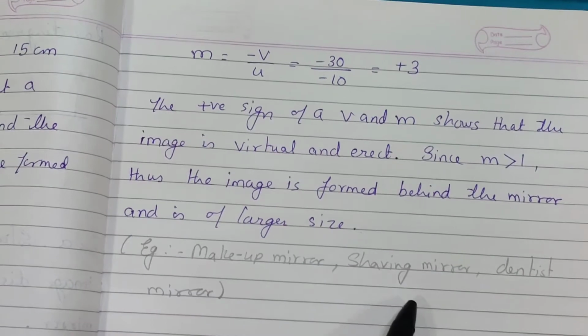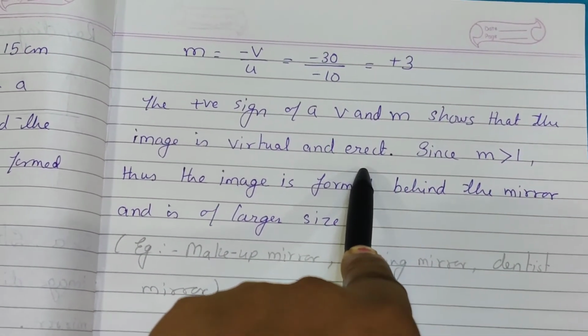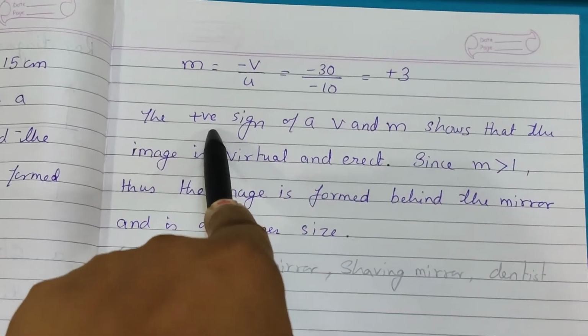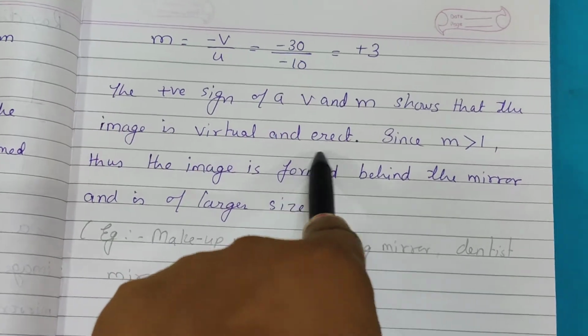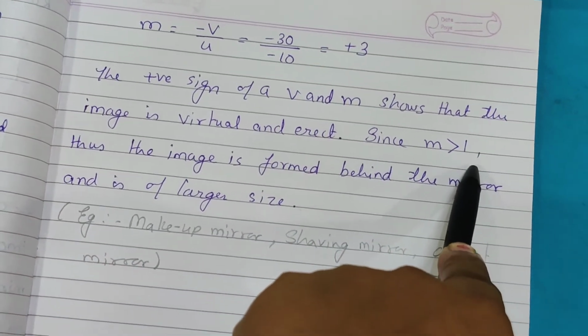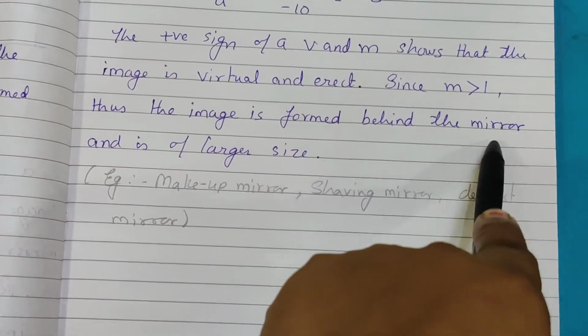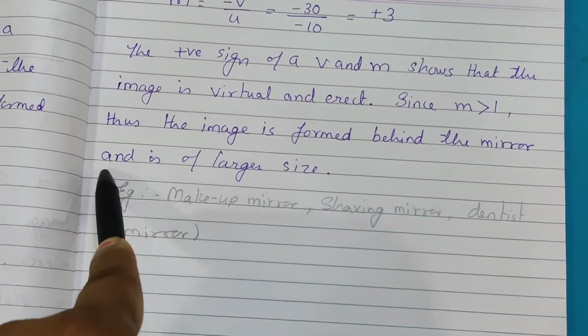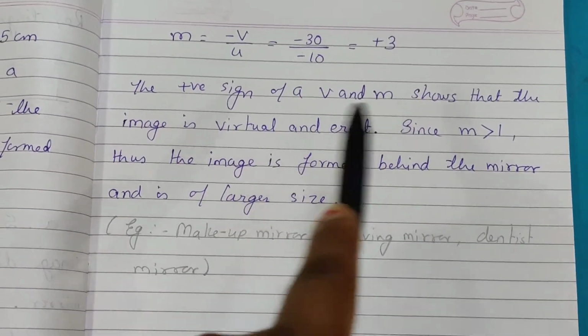What does the positive sign show? That the image is virtual and erect. The value of m is greater than 1, so the image is formed behind the mirror and is larger in size.